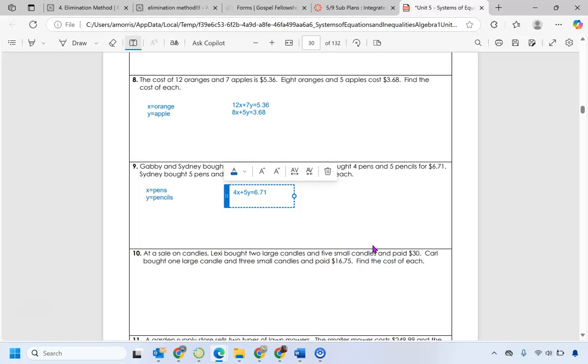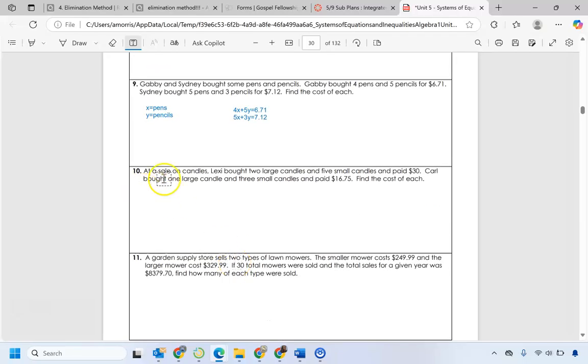And then the other one says Sydney bought 5 pens and 3 pencils for $7.12. So 5X plus 3Y for $7.12. Okay. So you should be getting the hang of it. I think y'all can handle these.